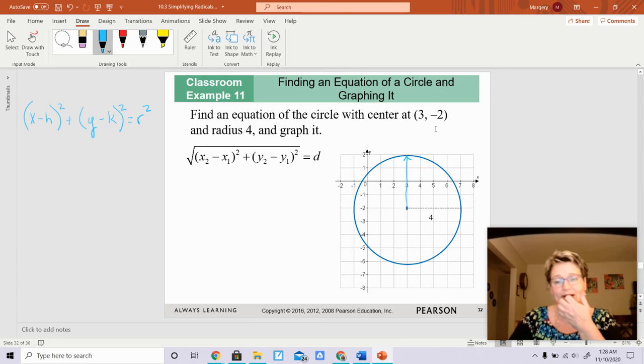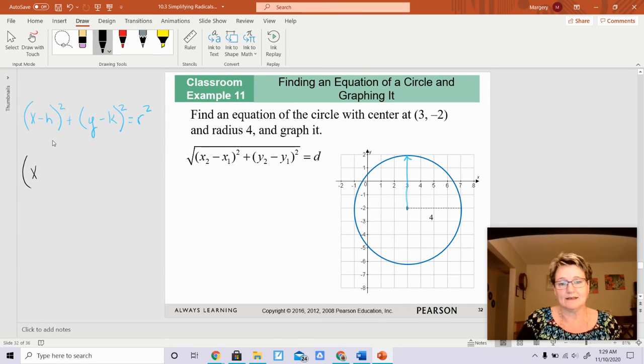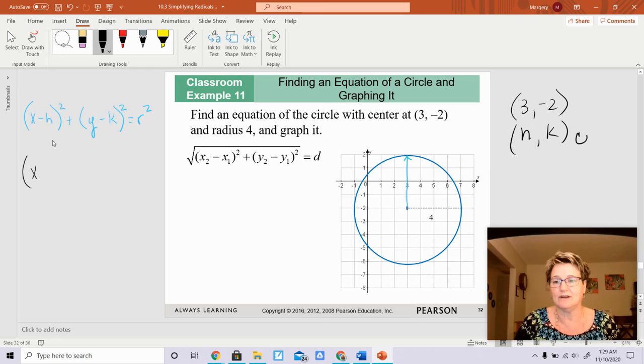So on this one, they gave us the center and they gave us the radius. The distance is just the distance formula. So anyways, my (h, k) is (3, negative 2). This is my h, this is my k, because that's my center. So my h is 3, my k is negative 2.